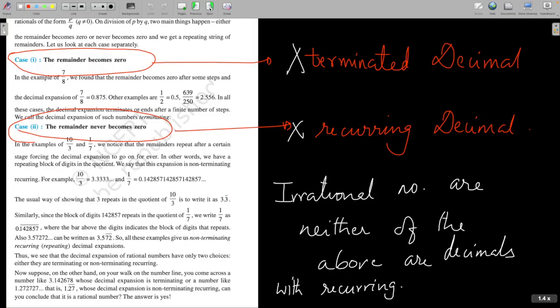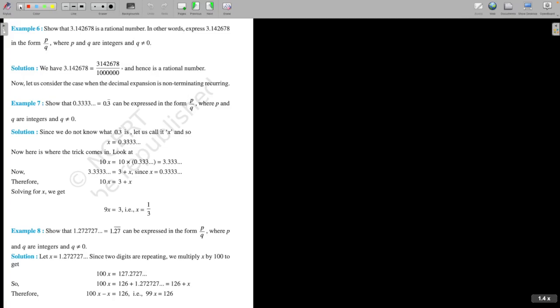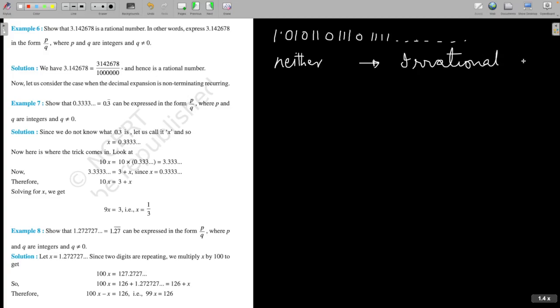So this tells us why a number like 1.0101101110111 and it goes on forever is very cleverly constructed to be neither of the above, and therefore this is an irrational number because it's not rational.